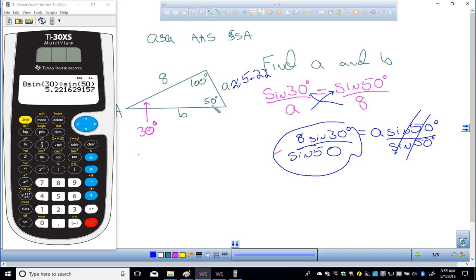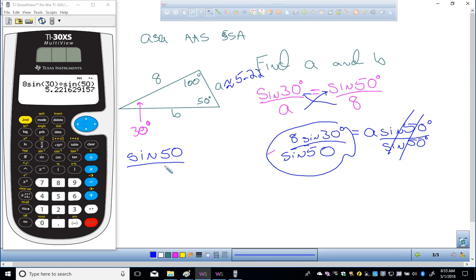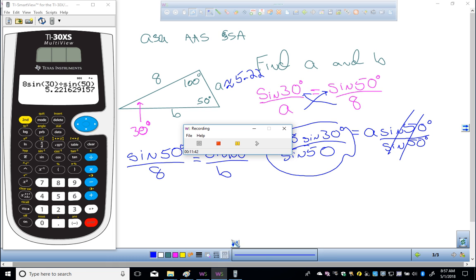So what Bray said is right. Use the one that's already given to you. Sine of 50 is to 8 as sine of 100 is to B. Go ahead, find it. First one with the right answer gets a valuable point.